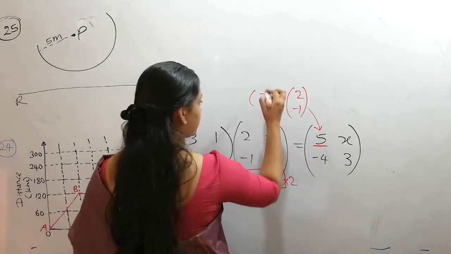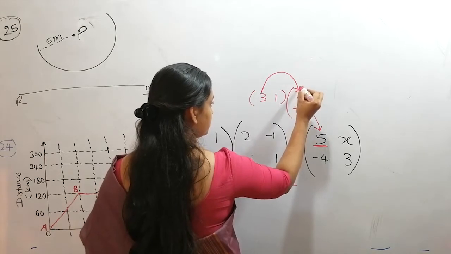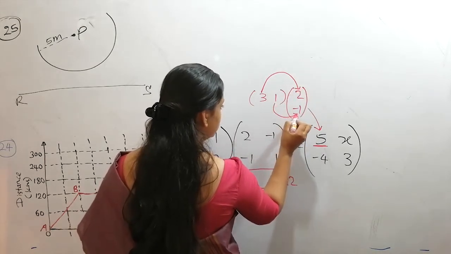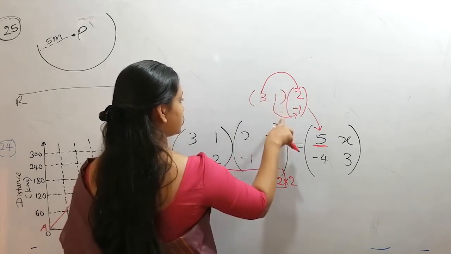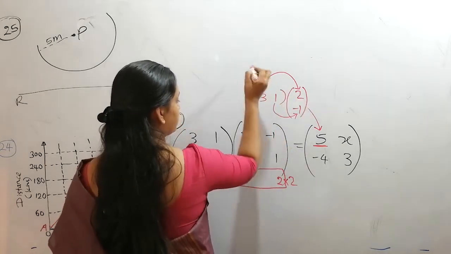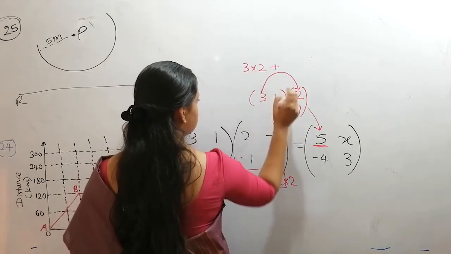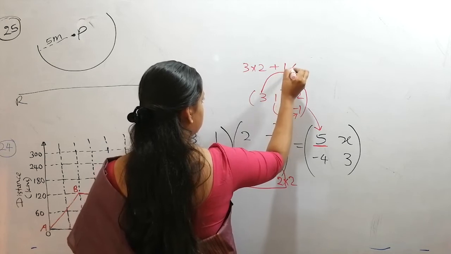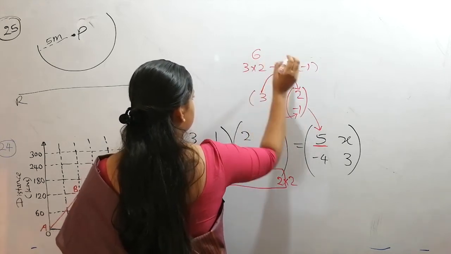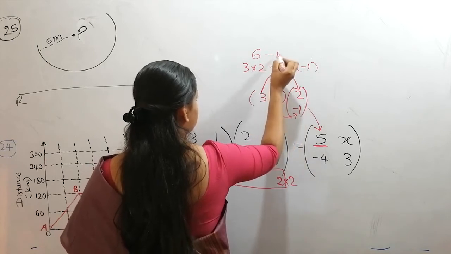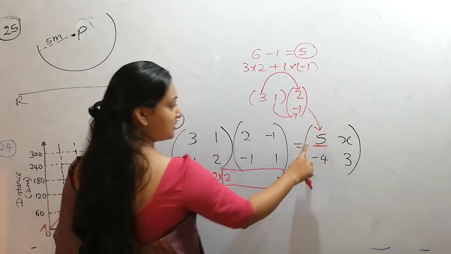Then we have to multiply these and get the sum of these two multiplications. 3 into 2 plus 1 into minus 1. 3 into 2 is 6. 1 into minus 1 is minus 1. It is equal to 5. And this is the answer for this position.